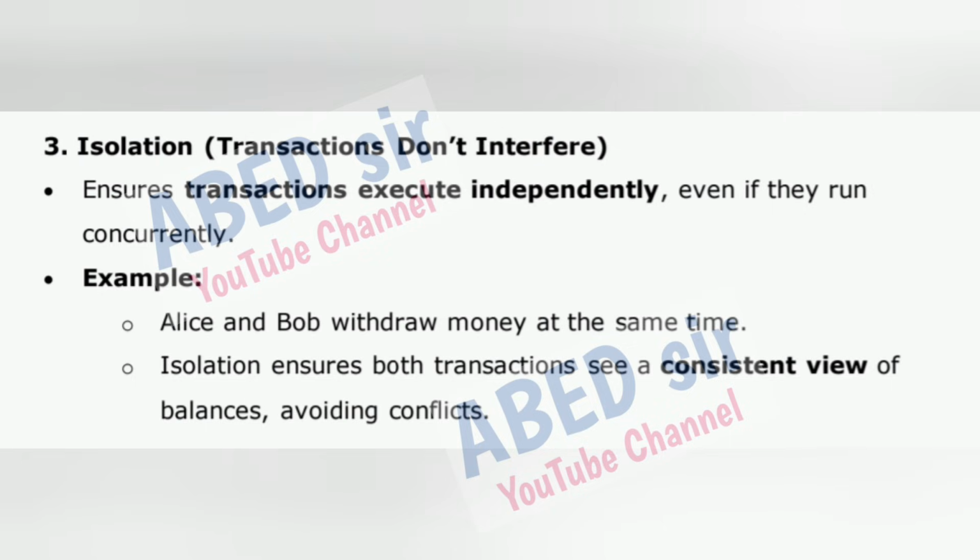Isolation, transactions don't interfere. Ensures transactions execute independently, even if they run concurrently. Example: Alice and Bob withdraw money at the same time. Isolation ensures both transactions see a consistent view of balances, avoiding conflicts.